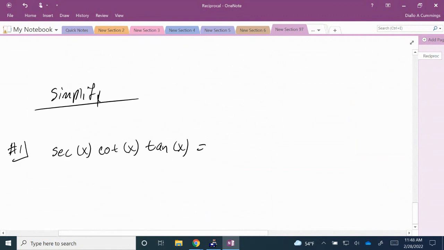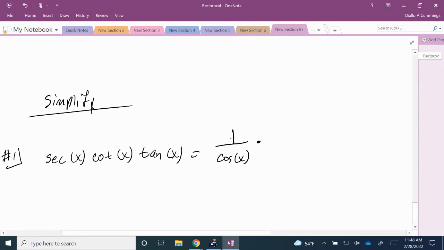In order to simplify, the first thing I'm going to do is rewrite everything in terms of sine and cosine. So I'm going to rewrite secant x. Remember from our reciprocal identities, the secant of x can be written as 1 divided by the cosine of x, times the cotangent of x.